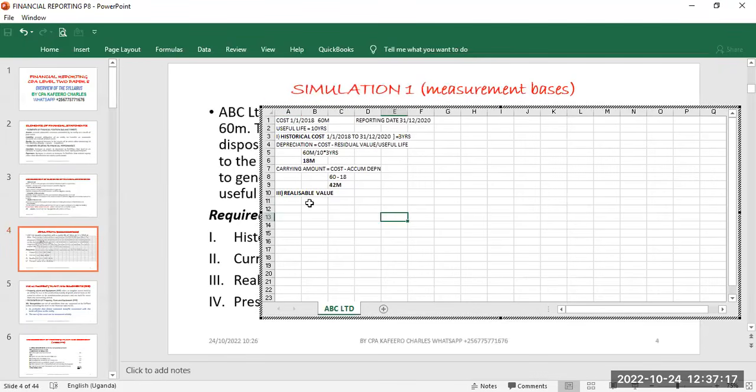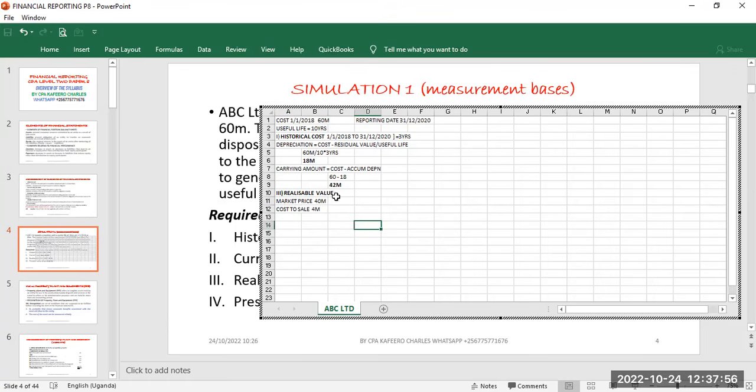So the market price was 40 million, and they have given us the transport and the dismantling cost, which we call the cost to sell, which was 4 million.